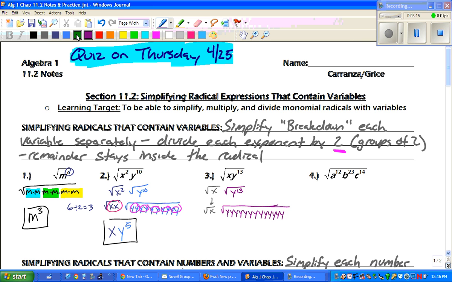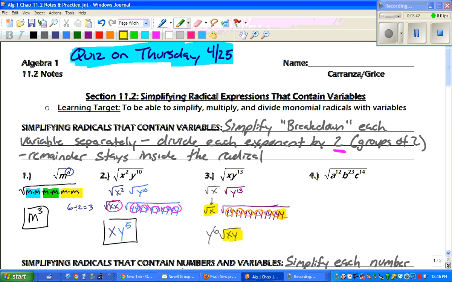Woo, your hand would get awfully tired doing this every single time. There's 1, 2, 3, 4, 5, 6, but then we've got that remainder. So we have y to the 6, but then our remainder stays underneath the square root.